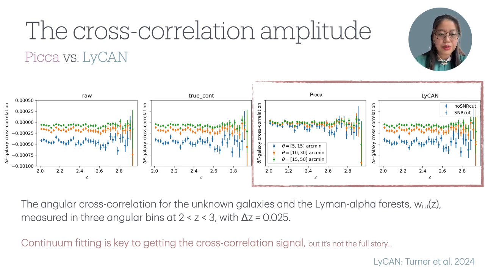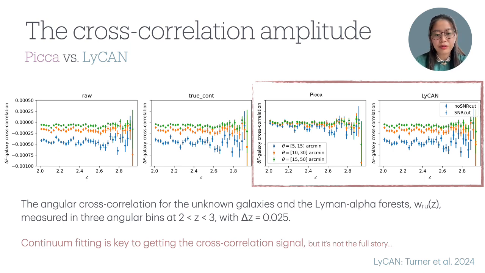The last panel shows a recently proposed machine learning method, LyCAN, which predicts the continuum based on a training sample as well as the red side of the Lyman-alpha forest. You can see that this method performs very well and almost reproduces the best case scenario where we know the true continuum. So these plots really show that continuum fitting is key to getting the cross-correlation signal.